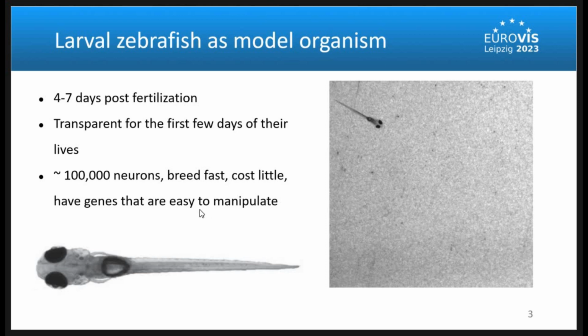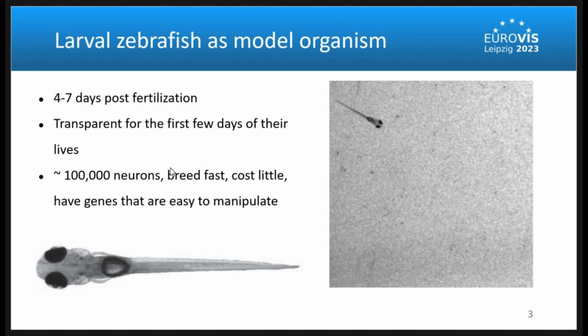Next, let's take a look at the model organism we are dealing with here. There are several animal models in study, for example, monkey, rat, zebrafish, and medaka. We work with the larval zebrafish here because they are transparent for the first few days and whole brain imaging is possible without any surgery.